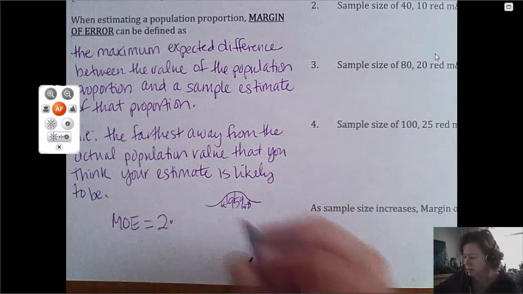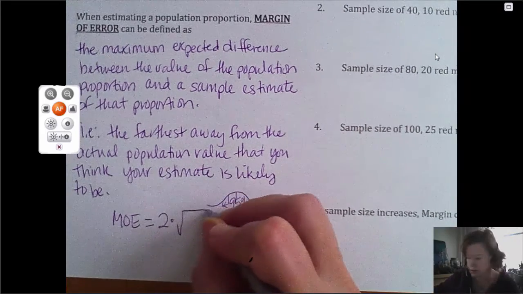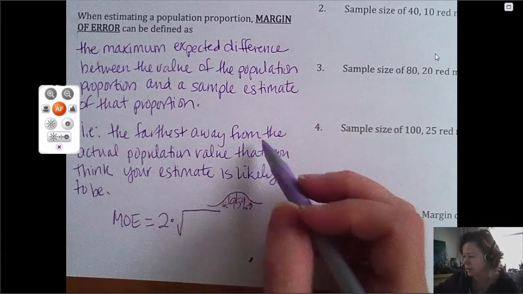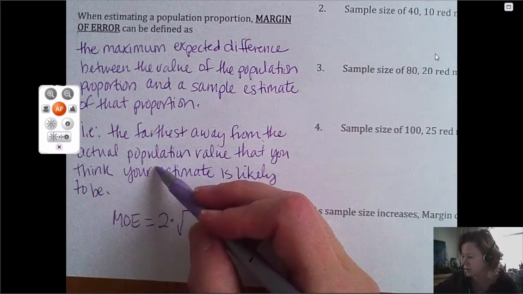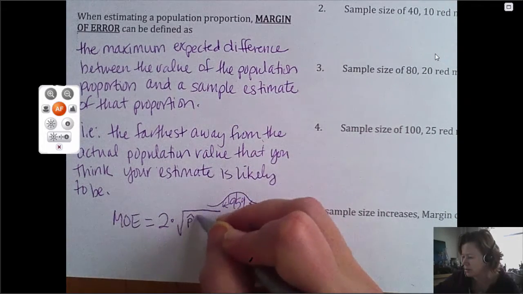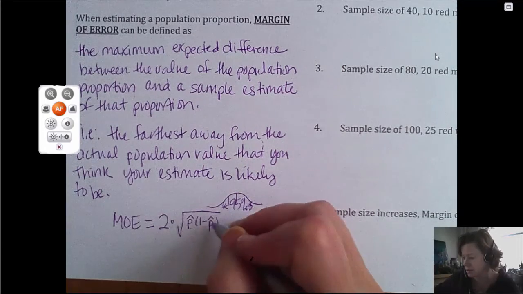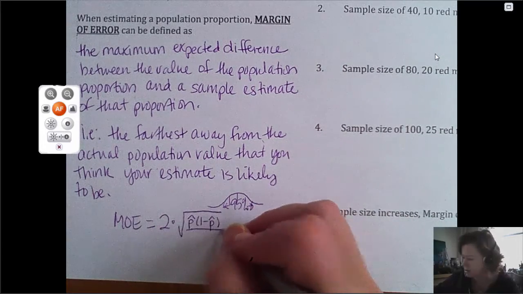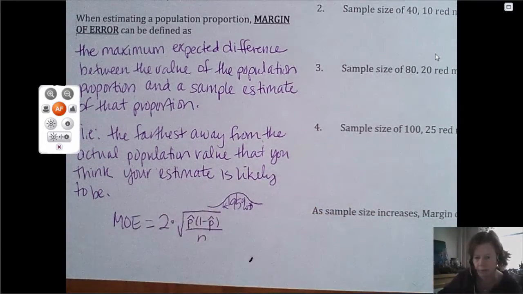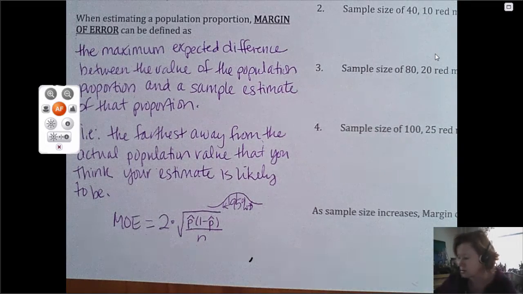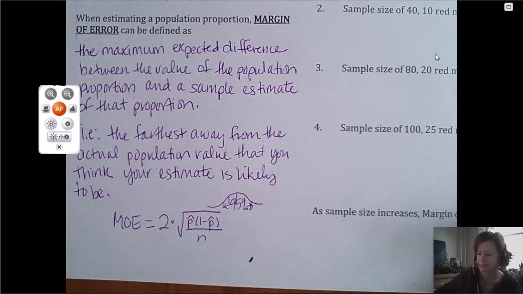So it's 2 times our standard deviation. And if we're talking about how we estimate our proportion, we're going to say the square root of p hat times 1 minus p hat, our proportion estimate times 1 minus it, over that sample size. So you do need to know that margin of error formula, and we're just going to practice it now.